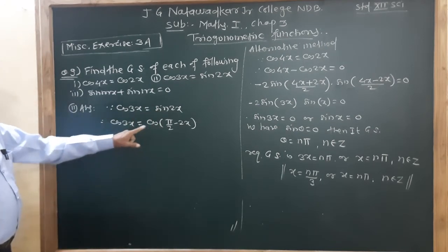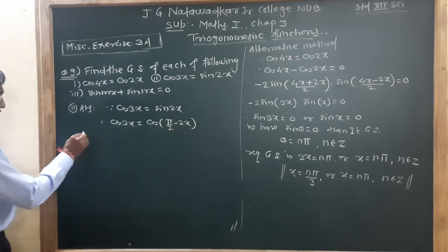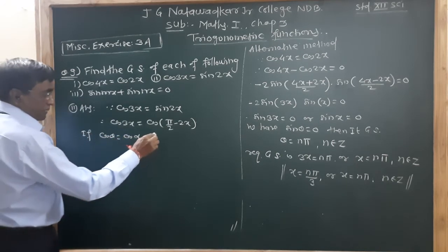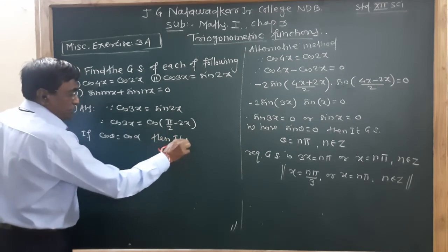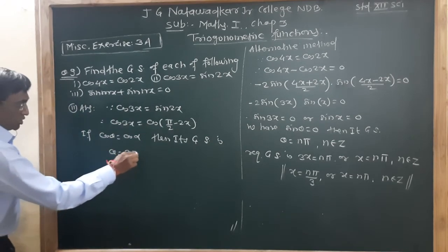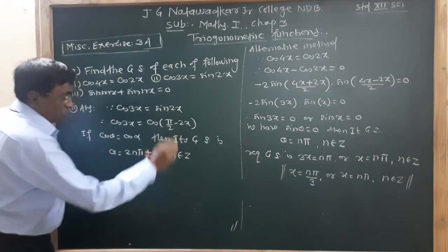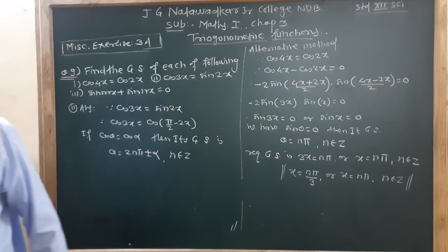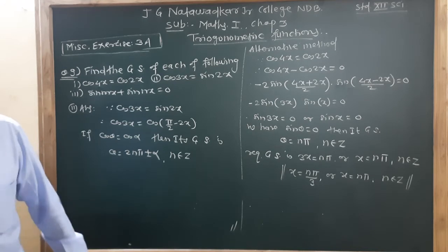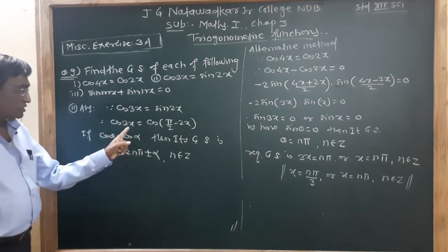Now you can generalize, that is cos theta is equal to cos alpha. If cos theta is equal to cos alpha, then its general solution is theta is equal to twice n pi plus or minus alpha, as n belongs to Z. This is the required general solution for an equation of this type, and our equation is also of the type cos theta is equal to cos alpha.